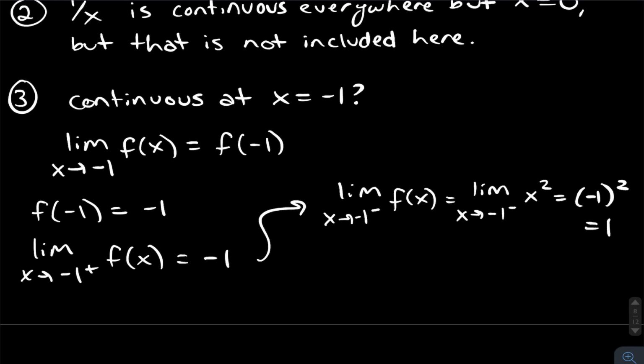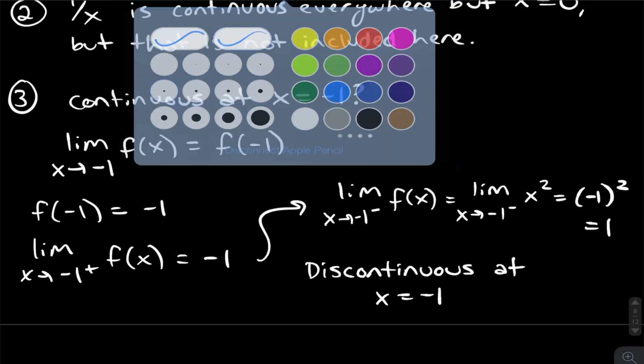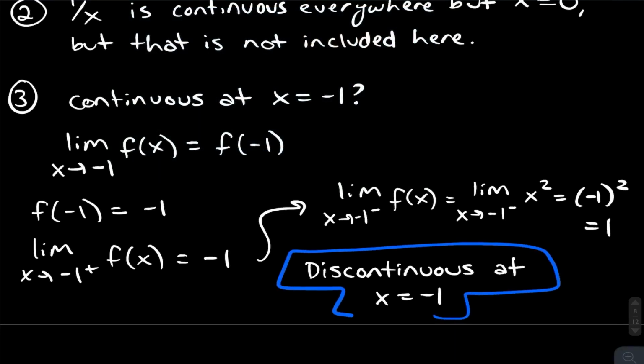So here, we end up with a discontinuity. Why do we end up with a discontinuity? We end up with a discontinuity because 1 is not equal to -1. What we're going to end up getting is, from the left-hand side, we're going to approach 1, right?